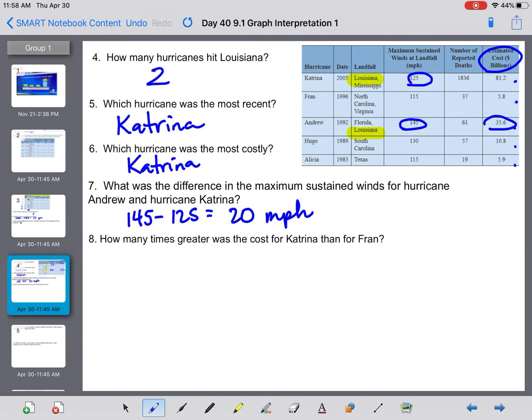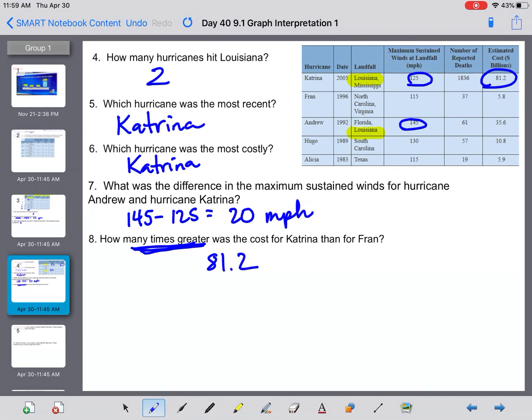And then number 8, how many times greater was the cost of Katrina than for Fran? So how many times greater means we're going to find a multiple. Okay, what is our multiplier to figure out how much more expensive Katrina was than Fran? So I'm going to go back to the cost column here and find the cost for Katrina.